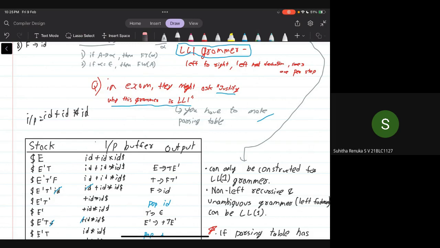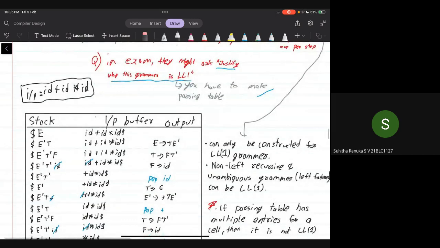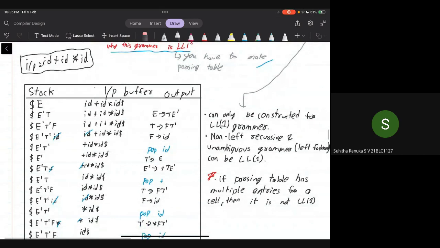This will be given in the exam: to parse the given string using predictive parsing. So you have to write a stack, an input buffer, and the output. This is the final step of parsing.